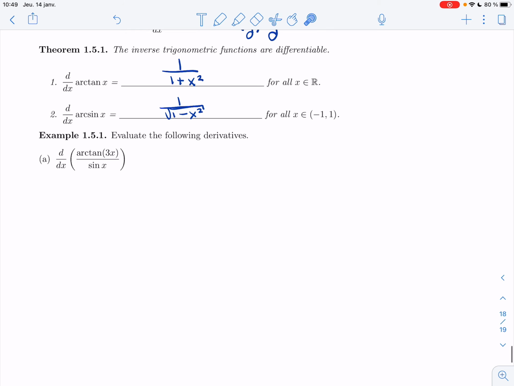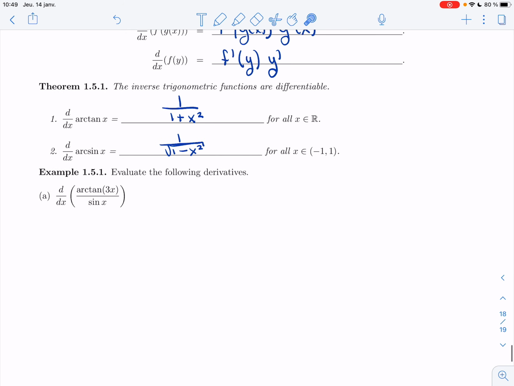All right, let's try to evaluate some derivatives. This is going to be a good review as well for the derivatives that you had in Cal 1. So for this term here, we have a quotient. And since I have a fraction, I'm going to use the quotient rule.